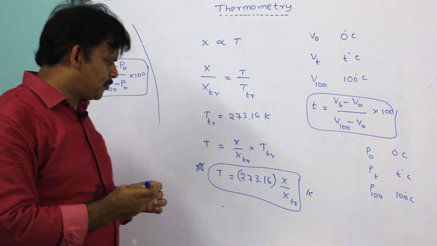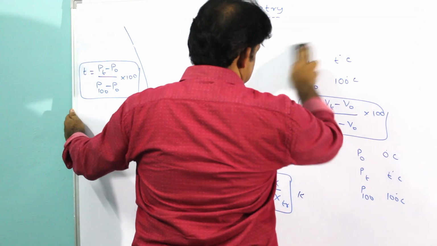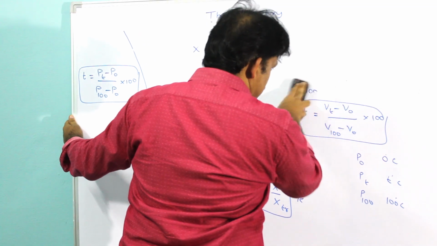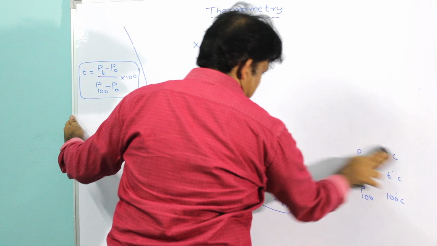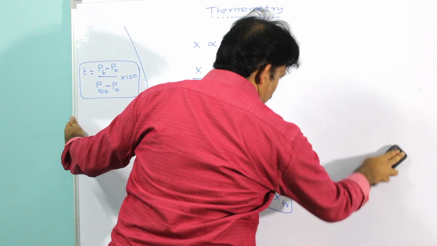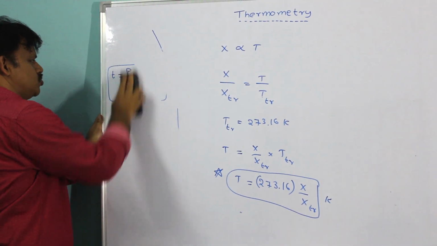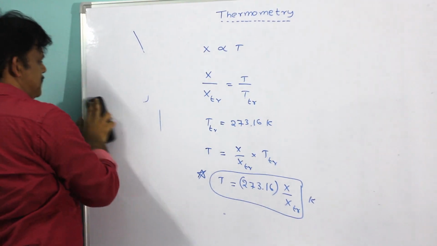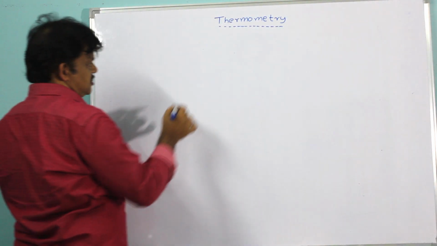And one more point let me tell you, that is the difference between different scales. Actually I told you the relation between different scales of temperature, that means Celsius, Fahrenheit, Kelvin, like that. What is the temperature difference relation between those scales?